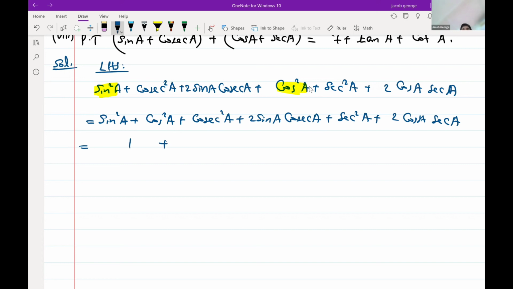Plus, instead of cosec square A, I am going to write 1 plus cot square A using which identity? Identity number 3, right?